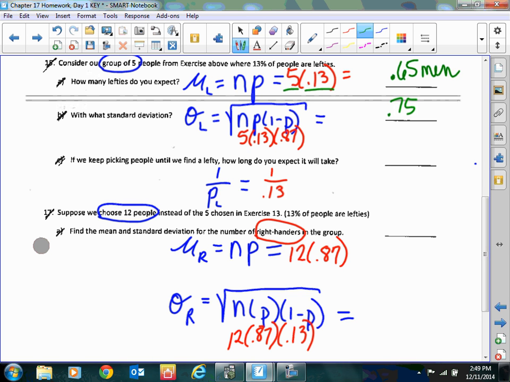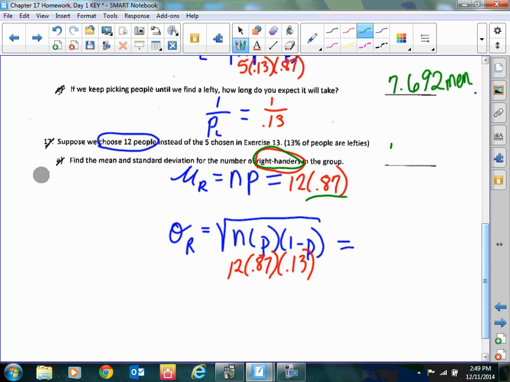What's that one? 7.692 or something like that. And these are men. You have to pick that many men. Now this is right-handers, so your probability of success is your 0.87. This one is 7 point what? Oh no, it's 10.44, I think, is that right? With what standard deviation? 1.16. Okay, 1.16. All right, very good.